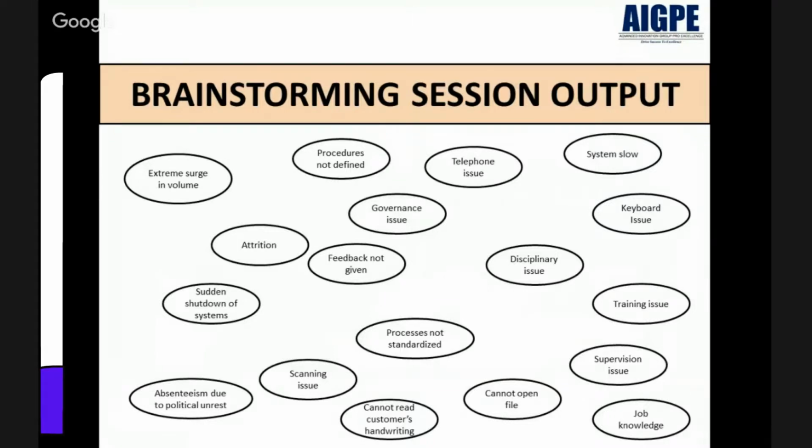Then the team would come up with a lot of different issues which I will write on the board. Those issues could be that there is an extreme surge in volume. There could be attrition of old people on the floor. There are sudden shutdowns of systems due to which the volumes rise when the systems are up again.